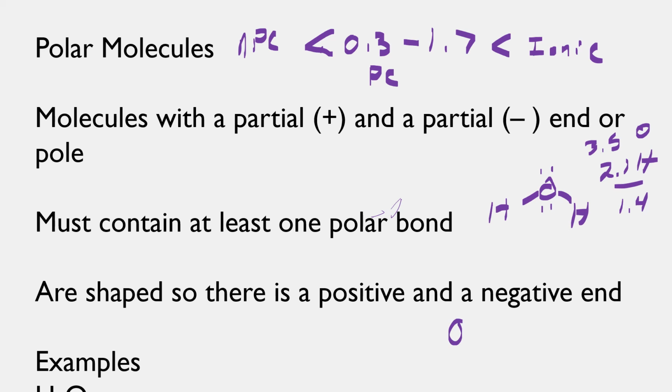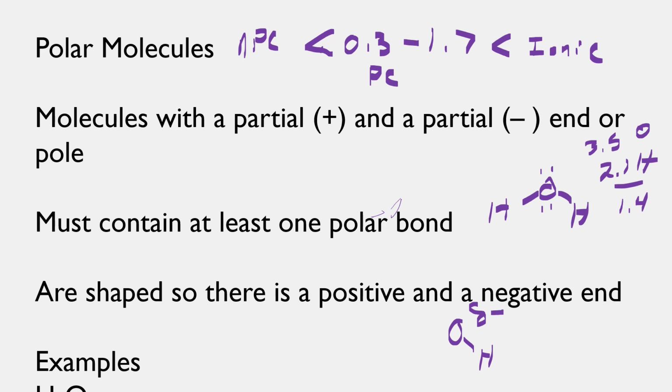So remember, if we're looking at that bond between hydrogen and oxygen, that means that the electrons, since oxygen has a 3.5, it's more electronegative, those electrons are going to hang out closer to the oxygen, making it partially negative.